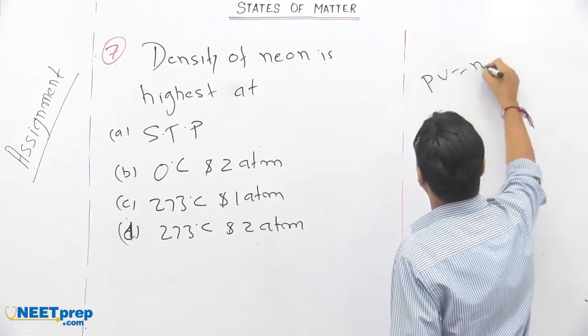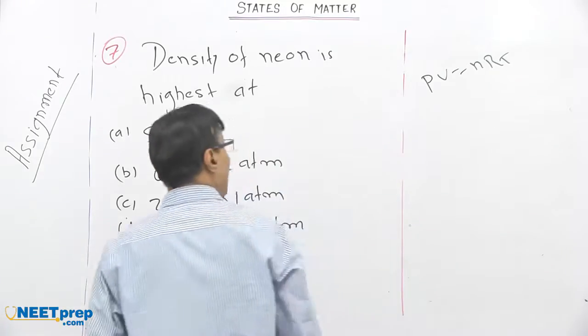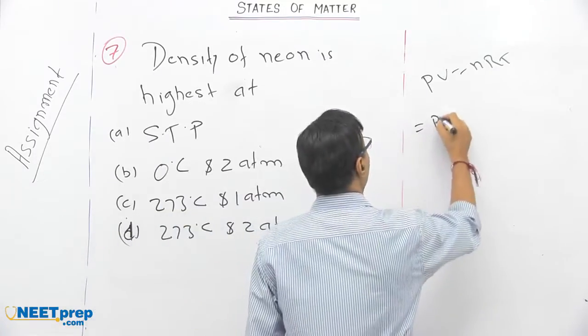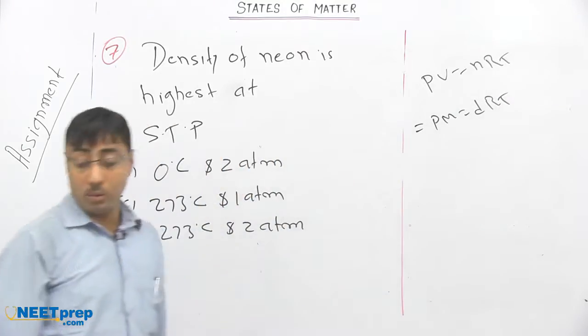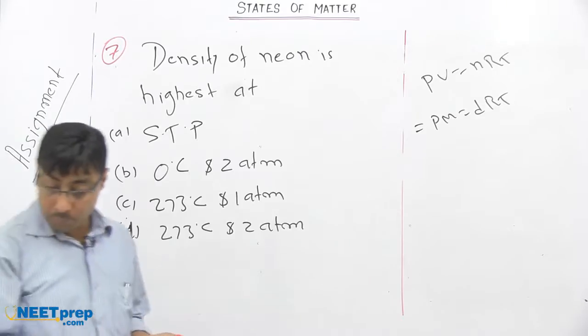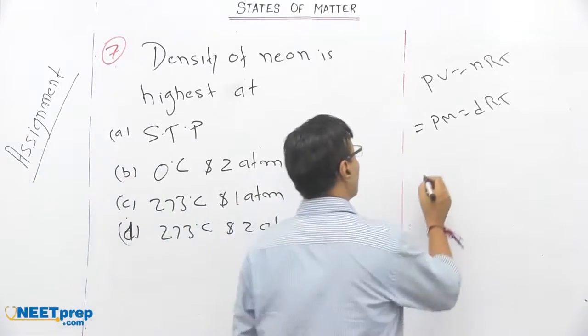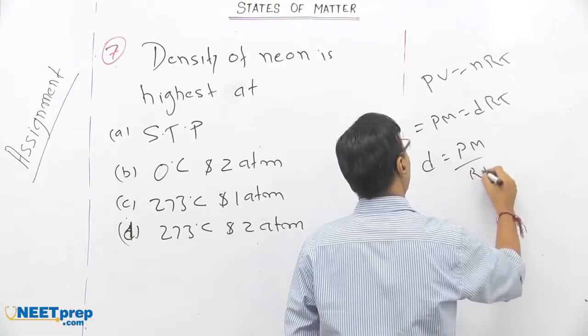So PV is equal to nRT, and we know PM is equal to dRT. So D is equal to PM by RT.